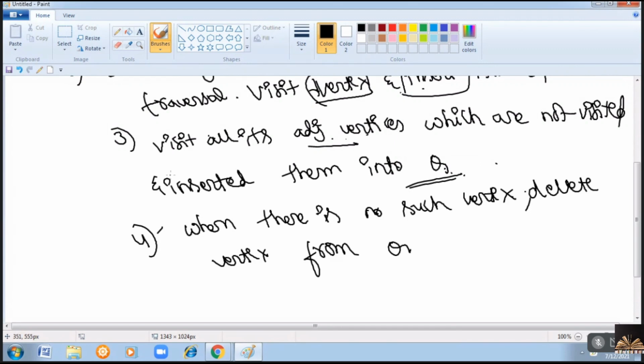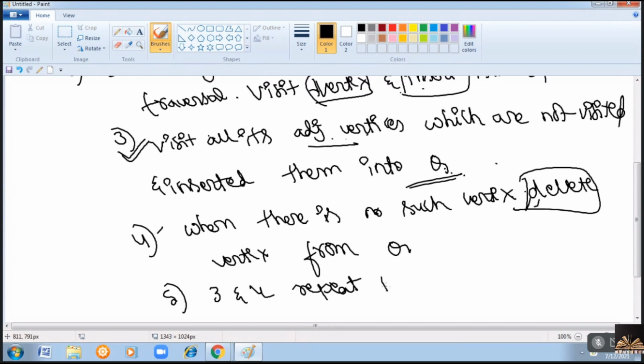So when this third condition is not satisfied, you perform the delete operation from the Q. And steps 3 and 4 are to be repeated until the Q becomes empty.